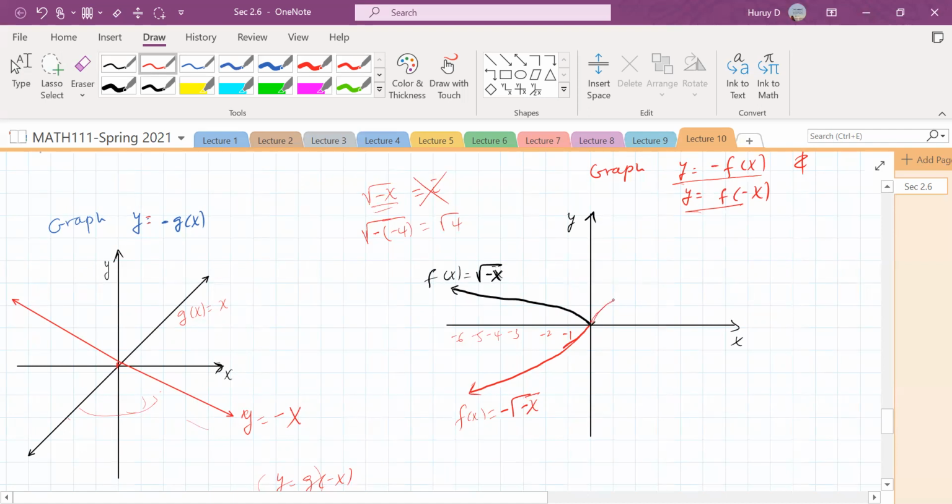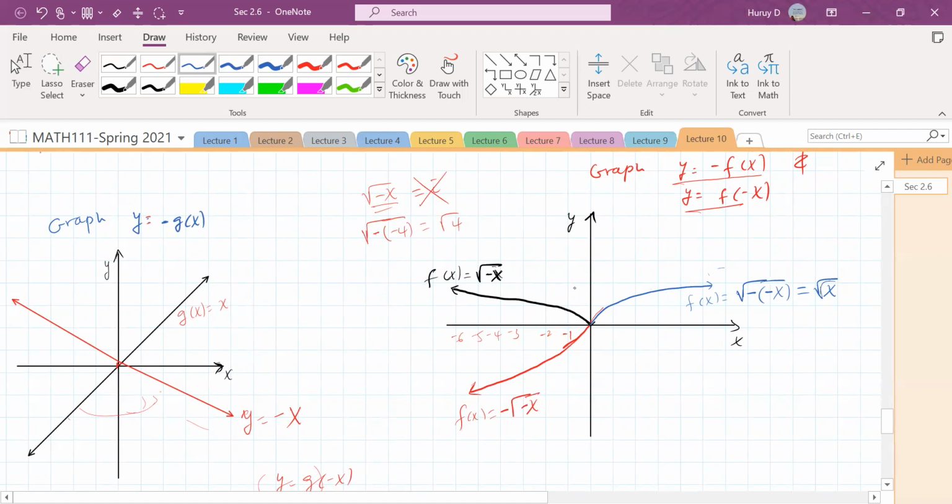This becomes like this one, and this is y equals, let me use a different color, f of x equals, no, it's not negative, it's square root of negative x, which is square root of x. So this is just this one, and the graph is like this.